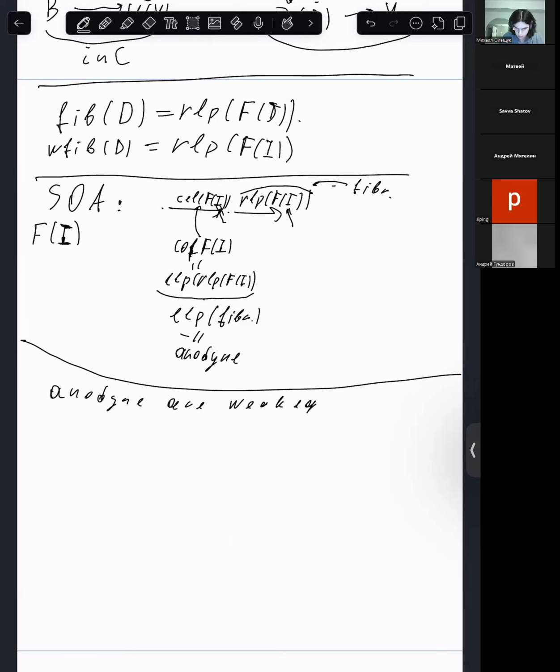If there are no questions by now. This property that anodyne maps are weak equivalences is also called acyclicity.